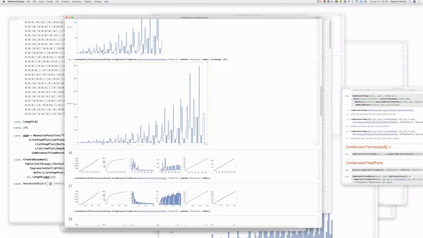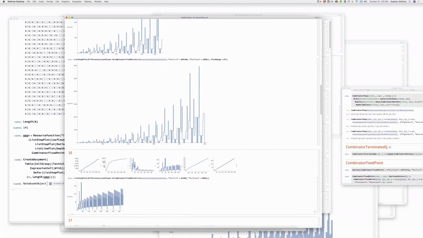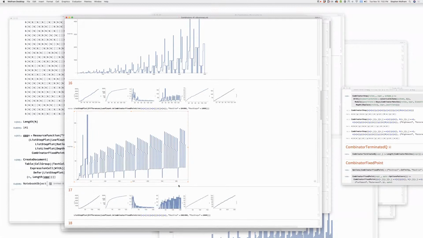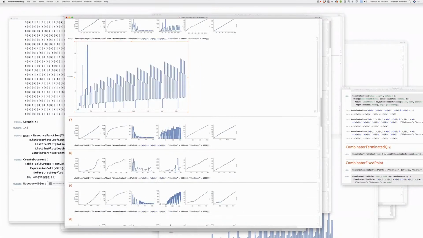Okay, let's look at this one here. What's that doing? The 16 looks like it's counting, but it has a really huge transient before it. Yeah, that's definitely regular. Okay, look at this puppy.